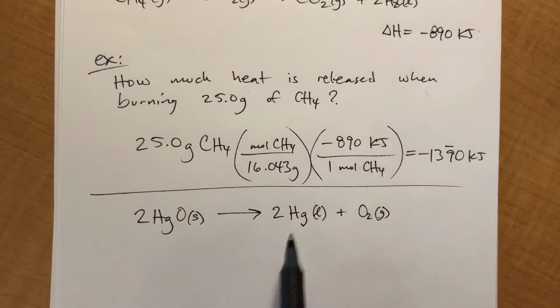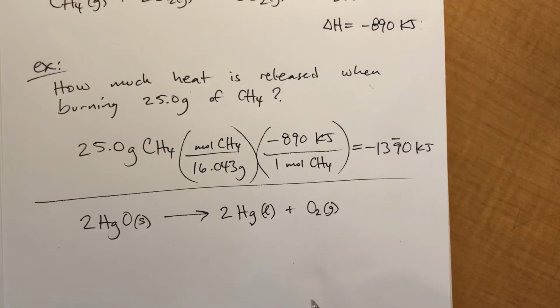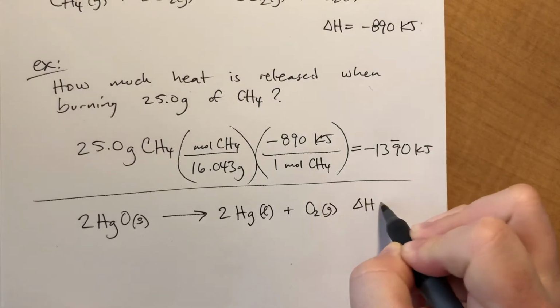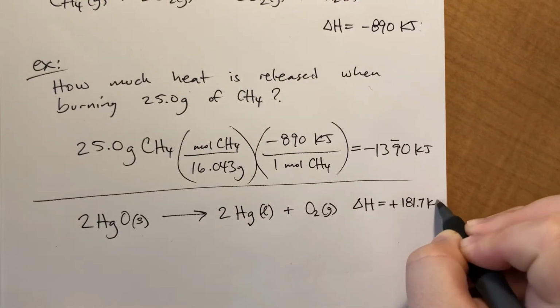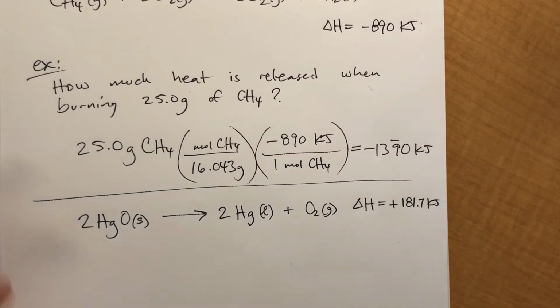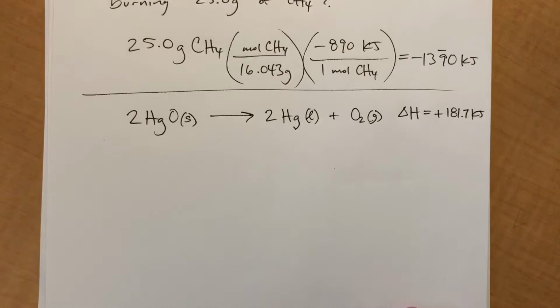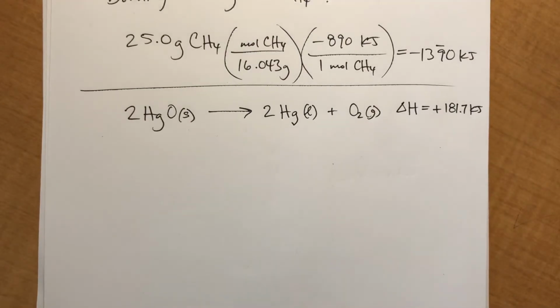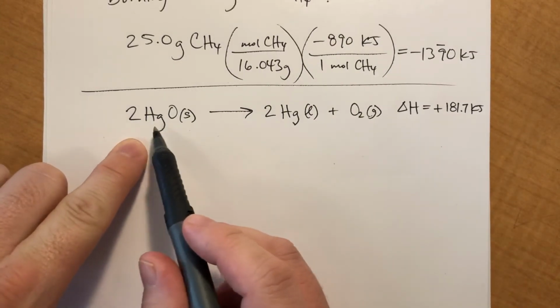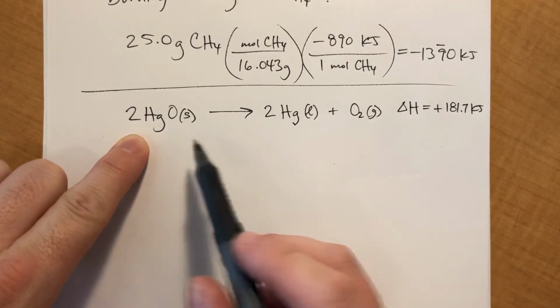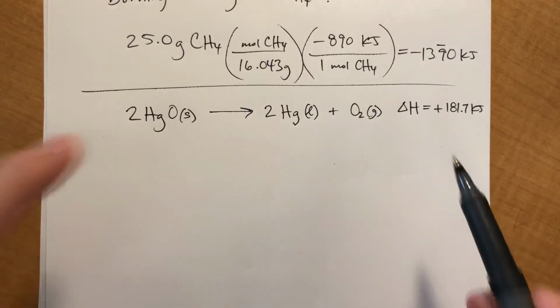Okay? Mercury's a liquid at room temperature. Okay. And this has a delta H of positive 181.7 kilojoules. Okay? And what this is telling us is that this compound is breaking down into the individual elements that made it up. It's decomposing. This is a decomposition reaction.